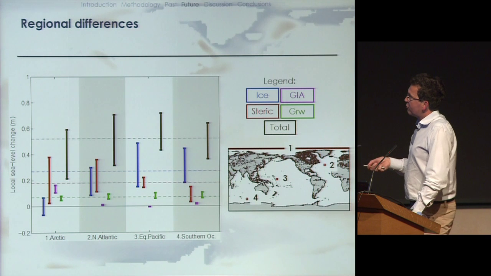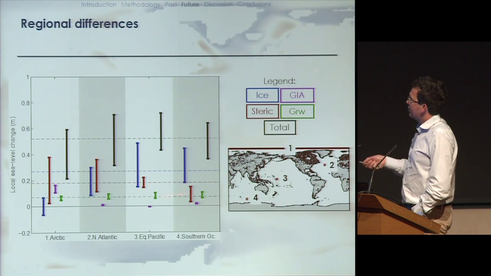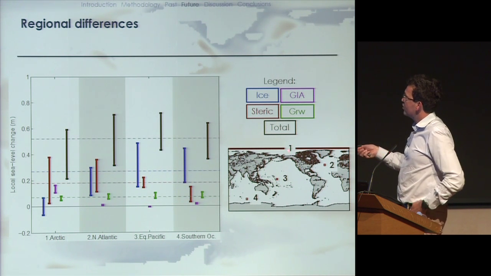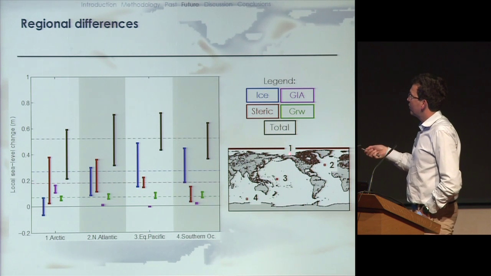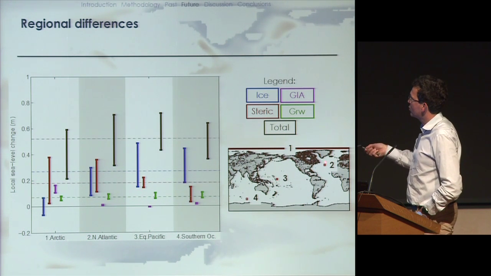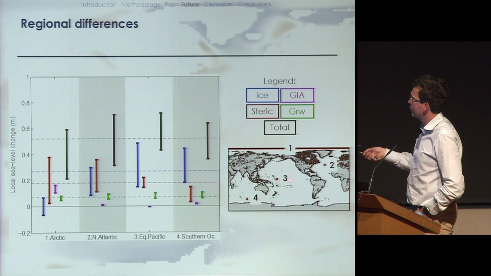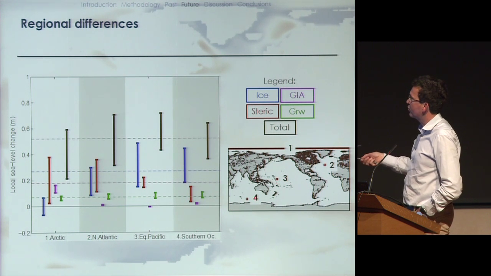So if we look to the different oceans, we have different points here for illustration. 1 is the Arctic Ocean, 2 and 3 the North Atlantic and the Equatorial Pacific Ocean, and 4 is the Southern Ocean.